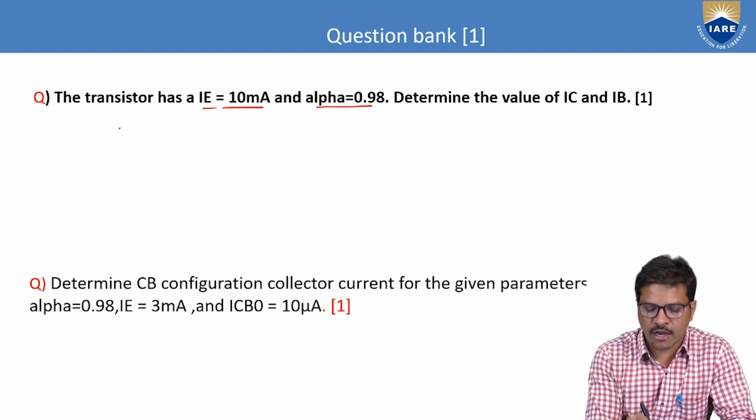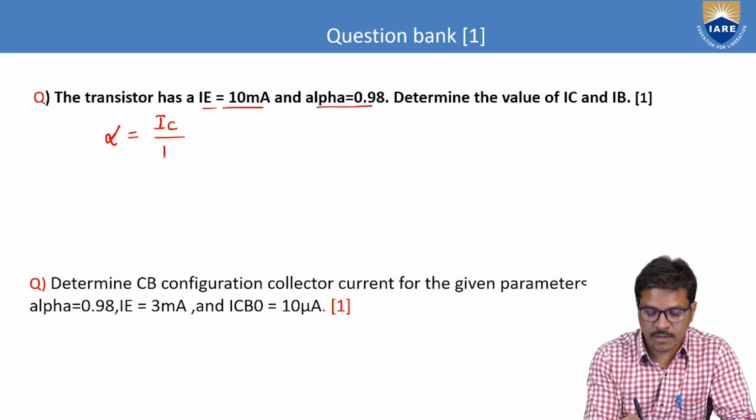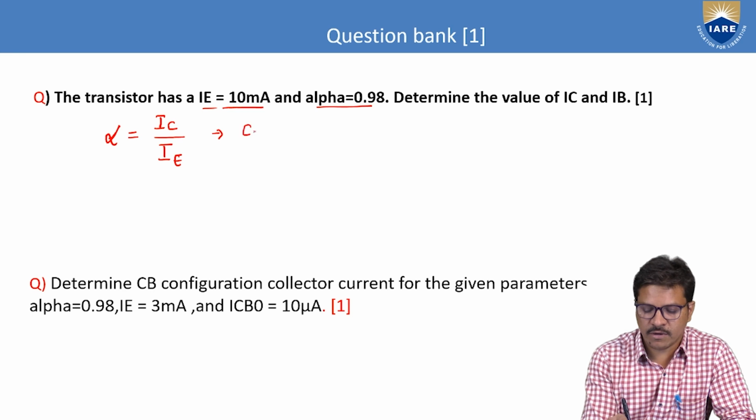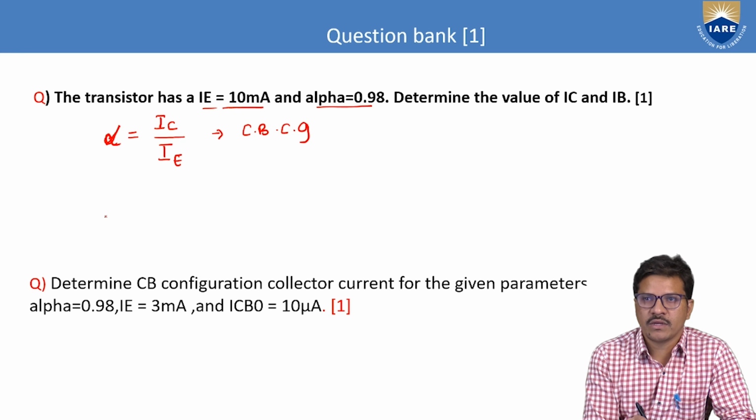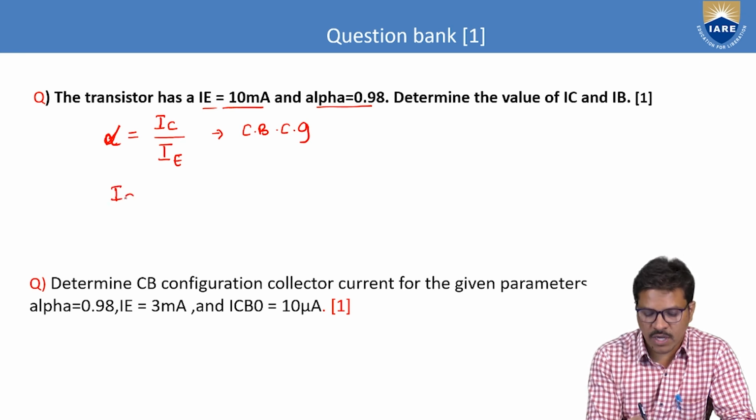We know that alpha is the common base current gain, so alpha is equal to IC by IE. Since the problem gives alpha on the left side and IE on the right side, you have to find IC is equal to alpha into IE.